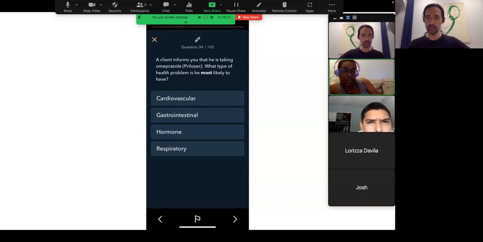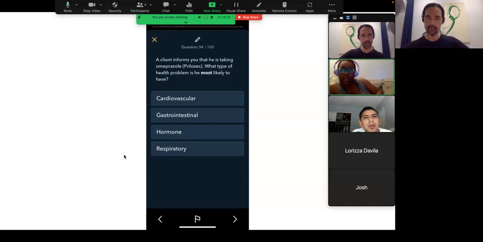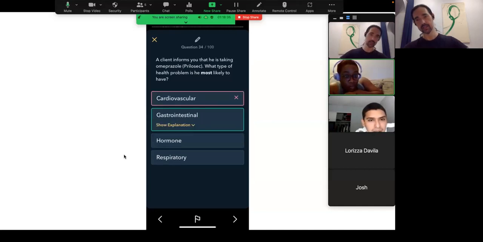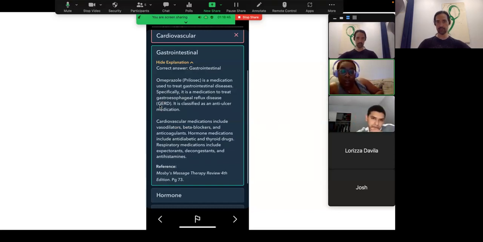Which one? I think cardio. Yes, Ian. Prilosec. It's gastrointestinal. Prilosec is actually for heartburn. It treats GERD, gastroesophageal reflux disease, and is classified as an anti-ulcer medication.